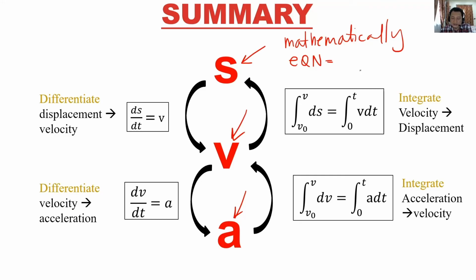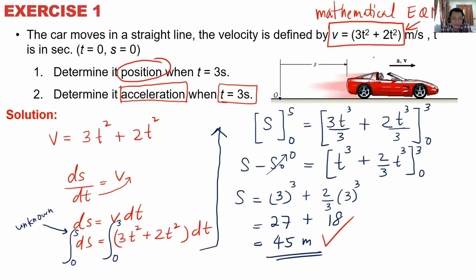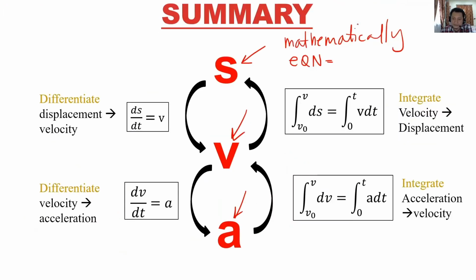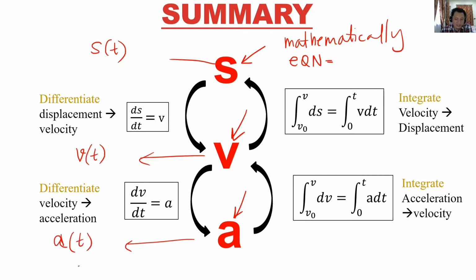In the example we did, V is equal to these things, so this V is actually a function of t. You can have S as a function of t, V as a function of time, and acceleration as a function of time.